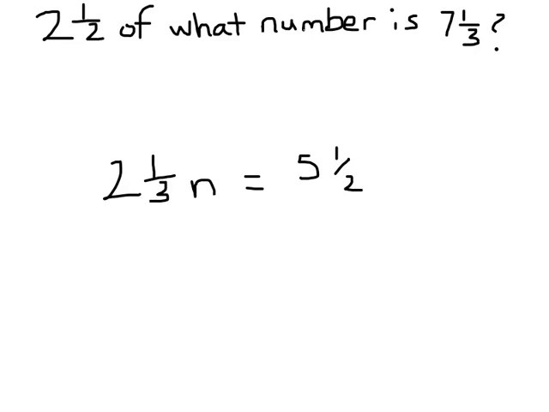Alright, so we're doing the very same thing today, only today it's not already spelled out for you like this. It's in number form, so we're just going to go ahead and put it into this form where we can have it in an equation and go ahead and solve for the missing number, the unknown number.